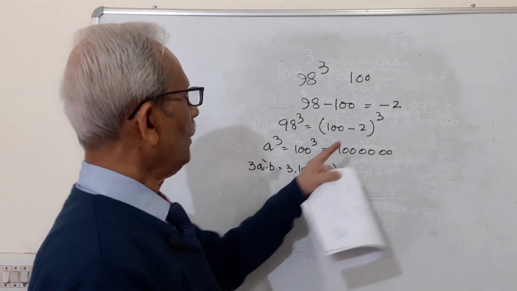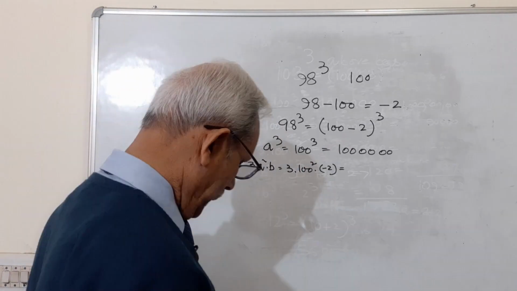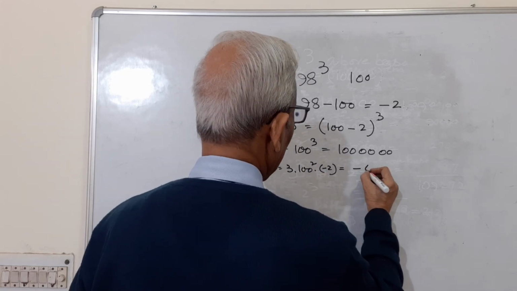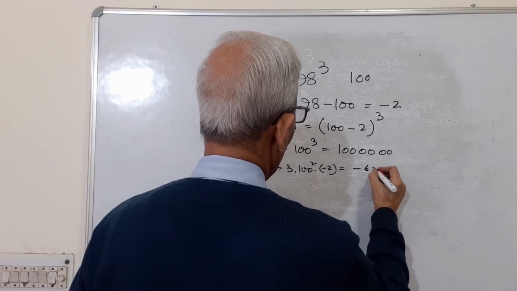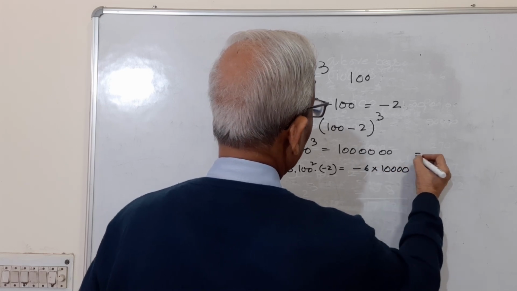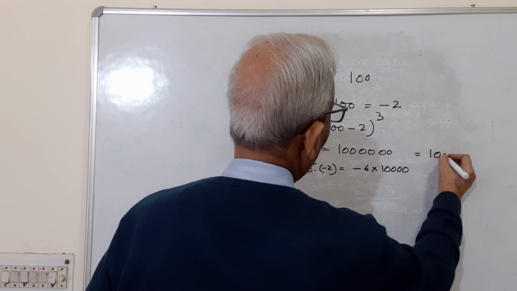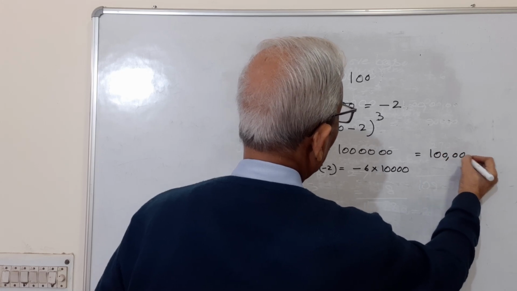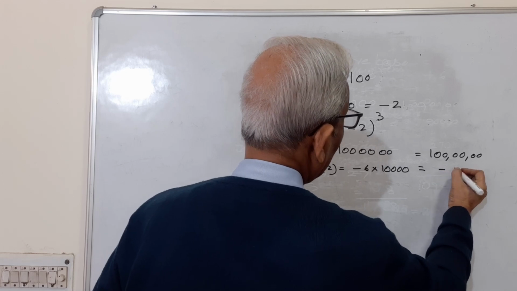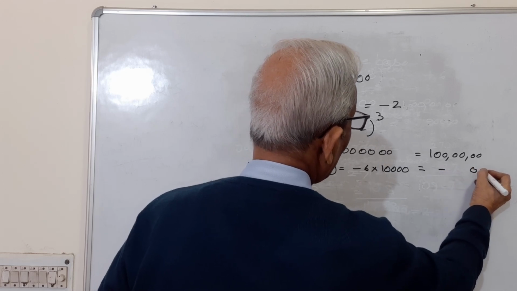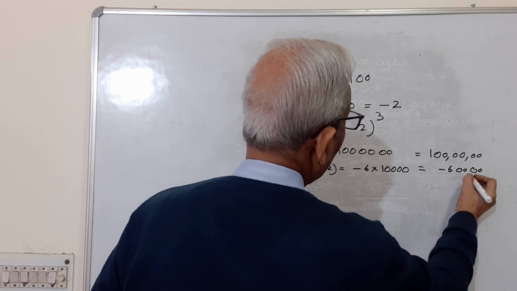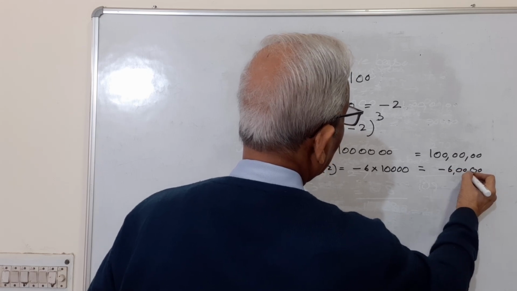Here b is minus 2, so it becomes minus 6 into 10,000, which is minus 60,000.